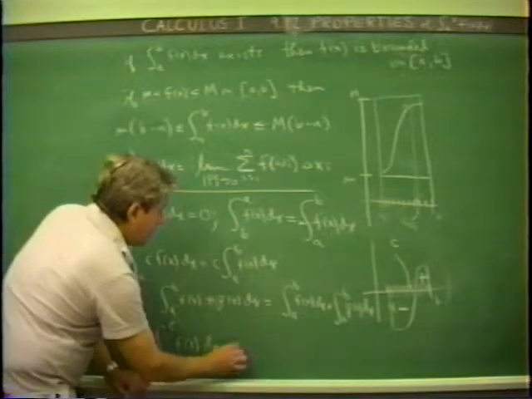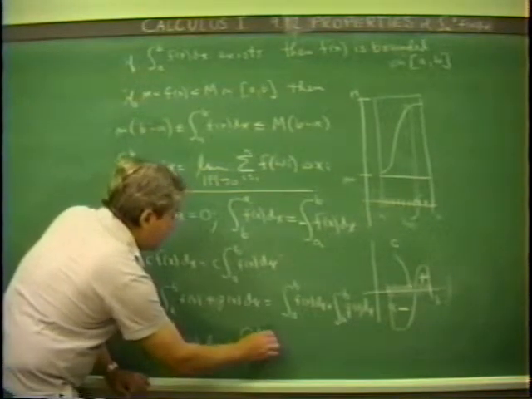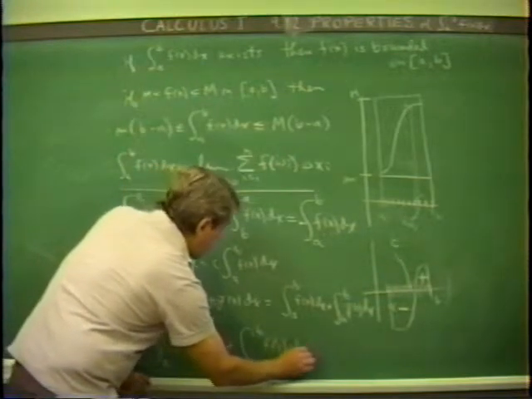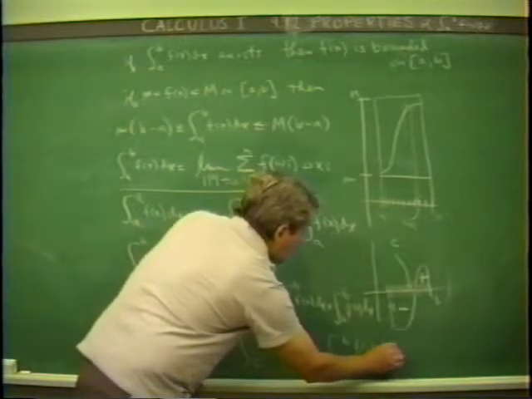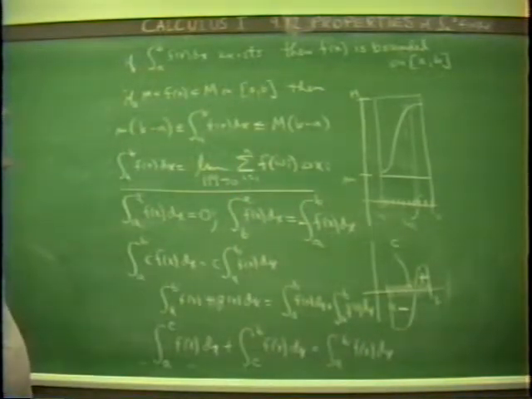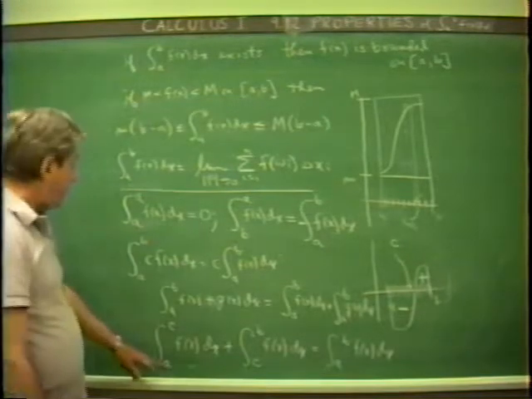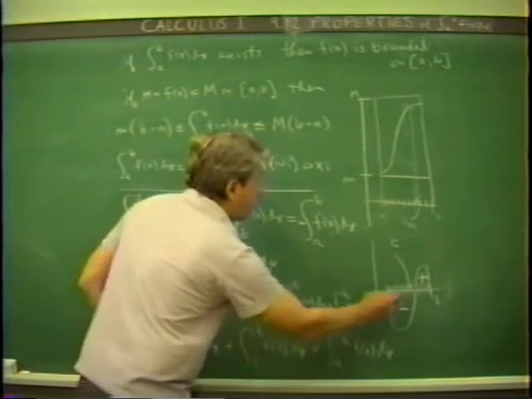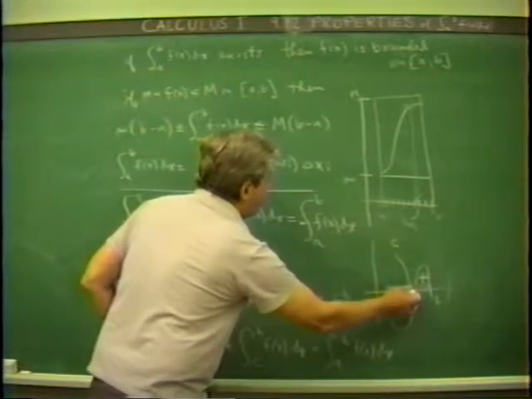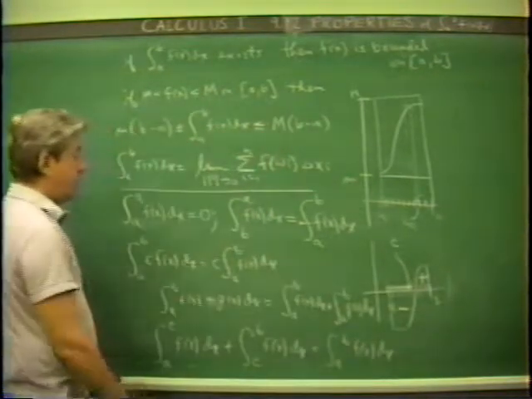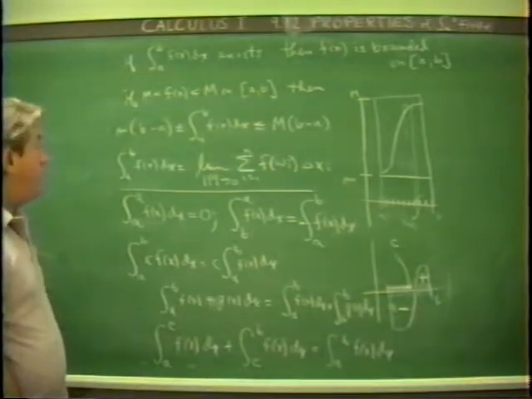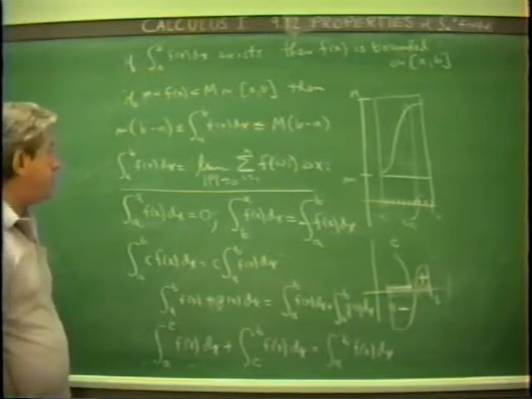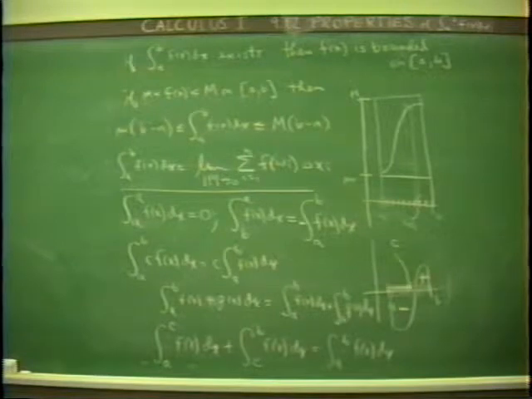And the integral from a to c of f plus the integral from c to b of f is the integral from a to b of f. All right? So the integral from a to b can be gotten by taking first the integral to any point c in between and then taking the integral from c to b. So here then are some properties of integrable functions and of the integral.